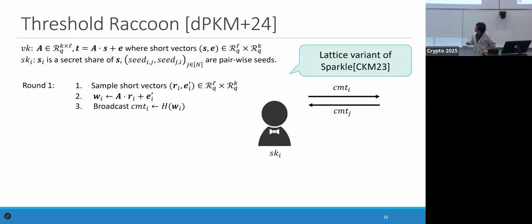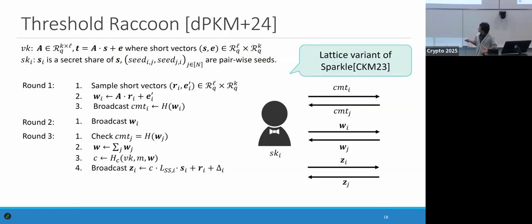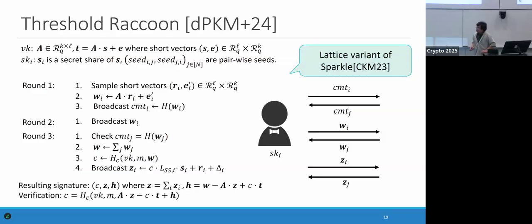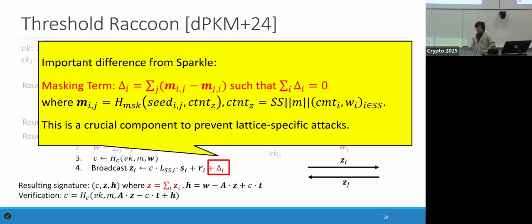In the first round of the signing protocol, each signer generates commitment WI and broadcasts a hash commitment of WI. In the next round, the signer opens the commitment. In the final round, the signer first checks the validity of the hash commitment and computes the aggregated commitment W, challenge value C, and partial response ZI. The important difference from Sparkle is this masking term.